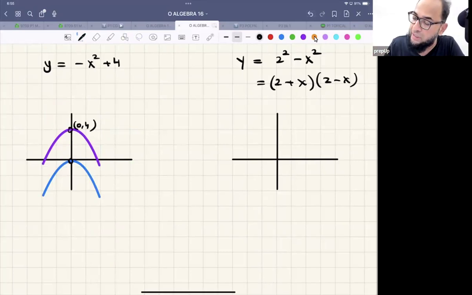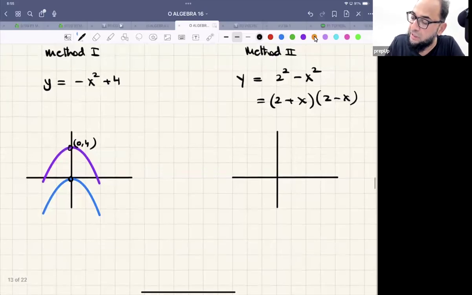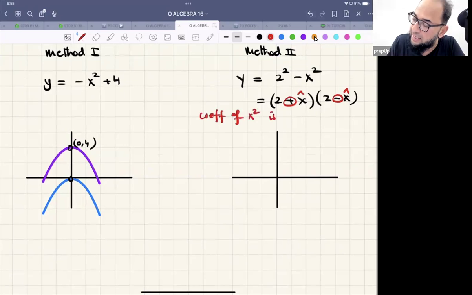Over here, what is the knowledge? The knowledge is this x is positive. This x is negative. Coefficient of x square is negative, therefore this is upside down.